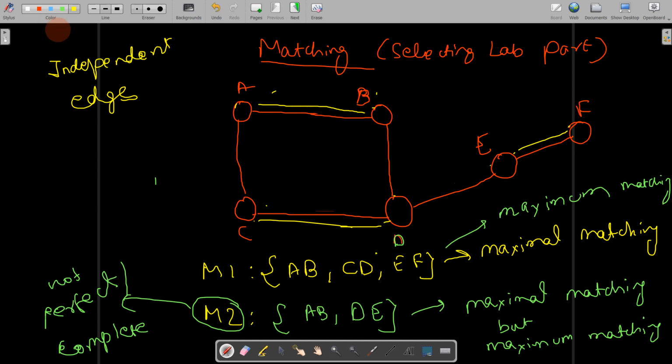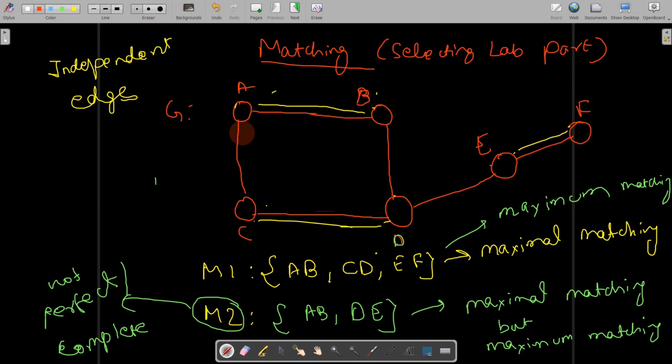Now suppose this graph we called G, the original graph. If I erase all the edges which are not part of the M1 matching, then this will give us the matching graph. So matchings can be sets as well as graphs. They are just representations, nothing else.